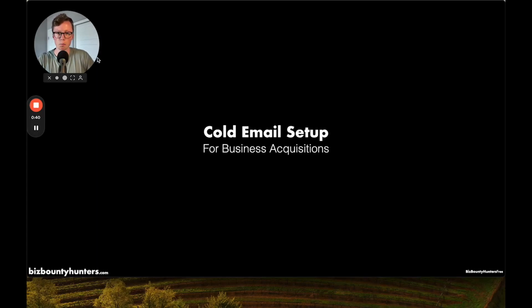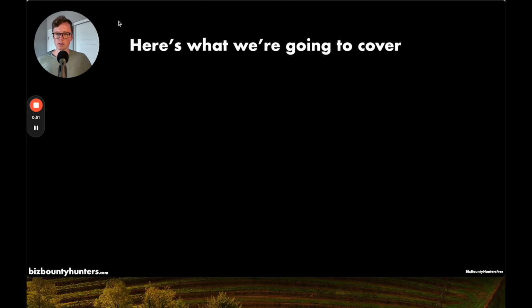Hey everyone, welcome back to the Biz Bounty Hunter school course. Today we're going to be talking about your cold email setup. So today, here's what we're going to cover: domains, and specifically what you need to do to get everything set up and the specifics. Email inbox types.